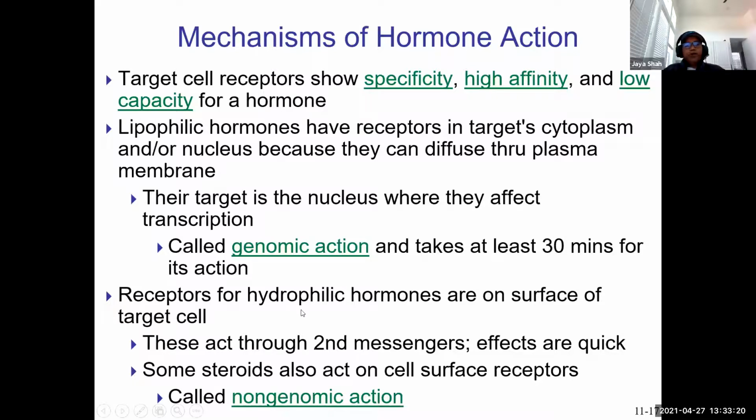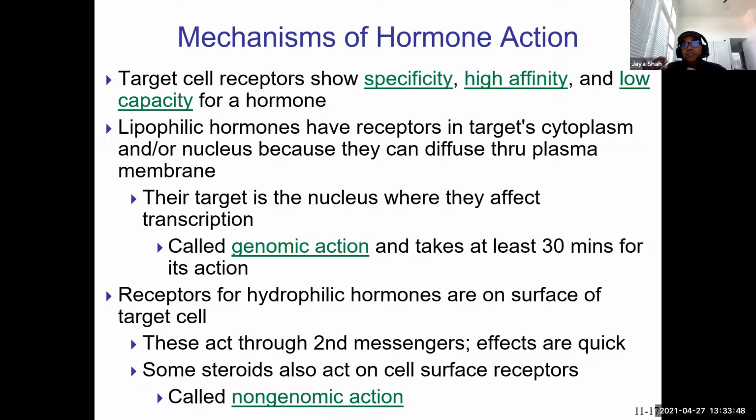Receptors for hydrophilic hormones are on the surface of target cells. These act through second messengers and effects are quick. Some steroids can also act through cell surface receptors, called non-genomic actions. So lipophilic hormones have their main effect inside the cell because their receptors are either in the cytoplasm or in the nucleus.